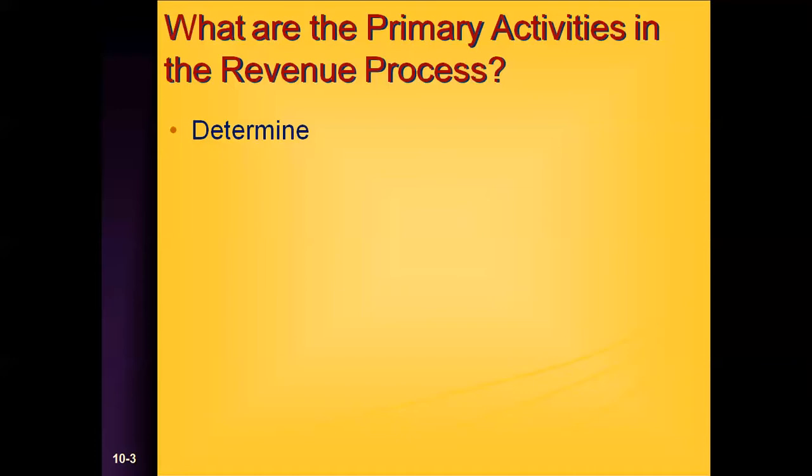How are you going to sell stuff? Is it going to be through direct sales? Is it going to be through the internet? Is it going to be through retail channels? Those are decisions that would relate to determining your marketing and distribution channels.